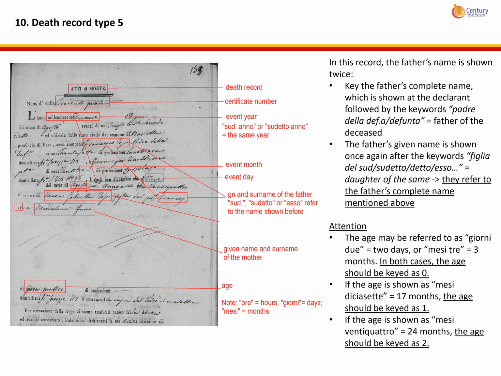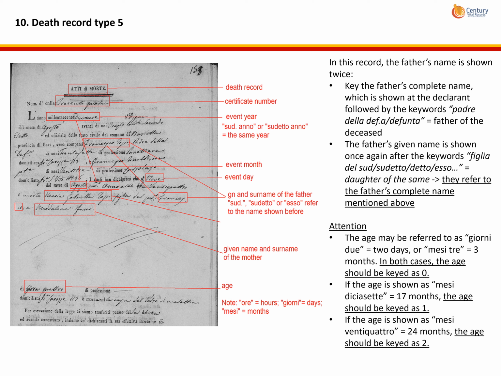Always capture the most complete form of a person's name that you can see on the image. In this case, enter the father's complete name, which is shown as the declarant.